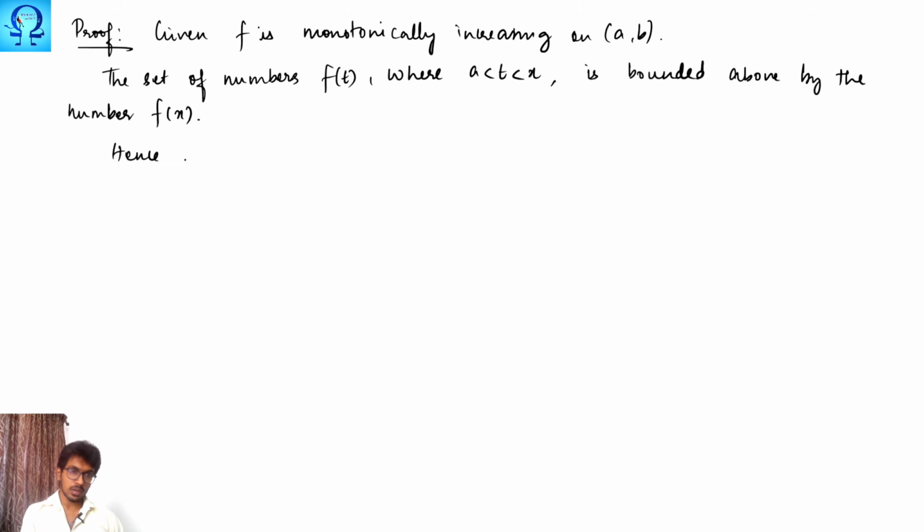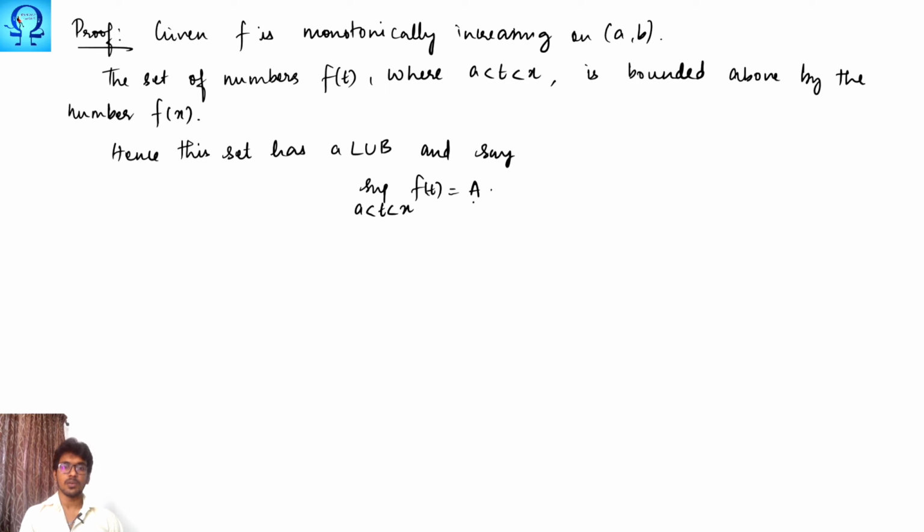So this set has a least upper bound, the supremum of f of t for a less than t less than x. We take this least upper bound to be A. This is a notation that we give. So clearly A is smaller than or equals f of x.